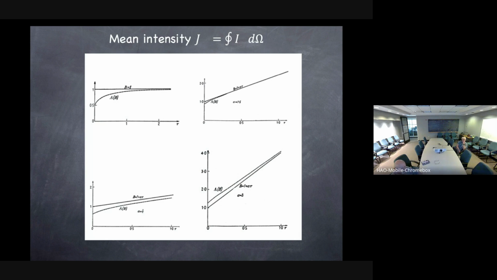Let's look at what really happens here when we have various structures. There's this lovely book by Kourganoff, an elementary one from the 60s, called Basic Methods in Transfer Theory and Neutron Diffusion or something. And it's got these lovely plots in it, and it's a very gentle introduction.